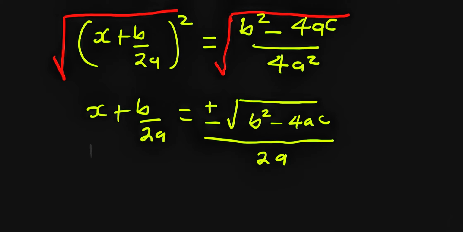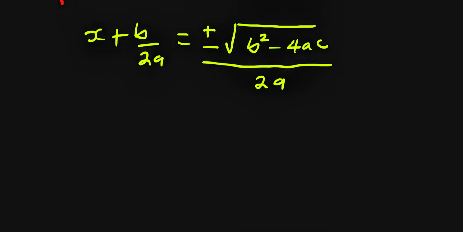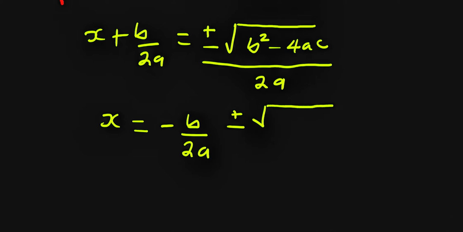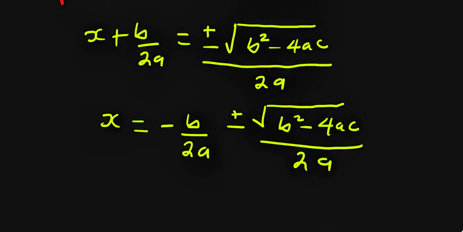So from there we just rearrange. We'll make x the subject of this formula so that we have x is equal to, so we can take this particular fraction to the right hand side, it becomes negative. So we have minus b over 2a plus or minus the root of b squared minus 4ac over 2a.